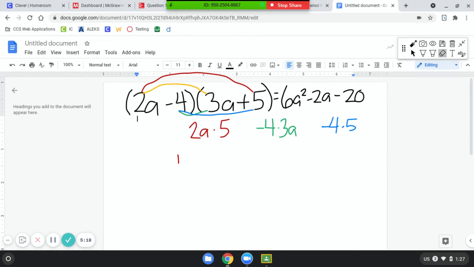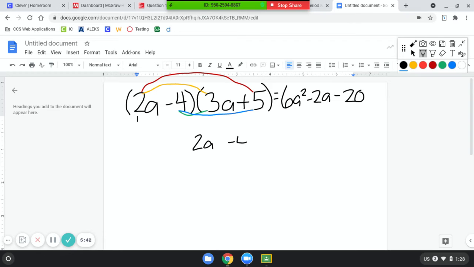So with the box method, you still get the same answer. You take your first polynomial, so that first parenthesis, and you write it horizontal across, or you can do it vertical, whichever way you like. So I'm going to just do it this way, 2a minus 4, and then you take your second polynomial, your second parenthesis, and put it vertical.